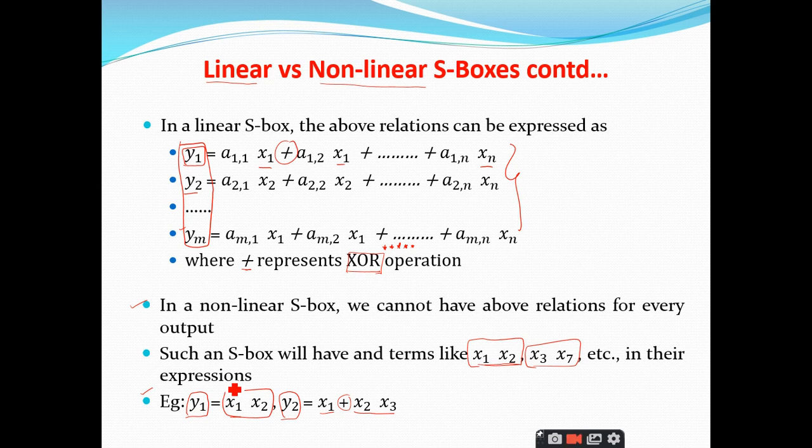Don't go deep into it. But remember that in the linear S boxes, we have the linear relationship where each and every output variable is defined as a mathematical function of the n input variables. Whereas in the non-linear S box, we don't have such type of relations. So there is no need that every variable is linked here. Is it clear?